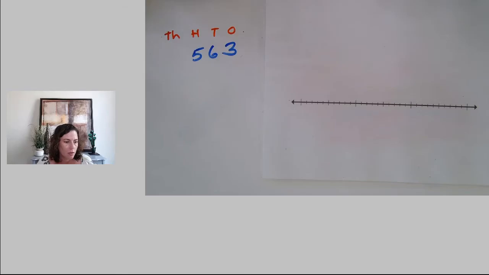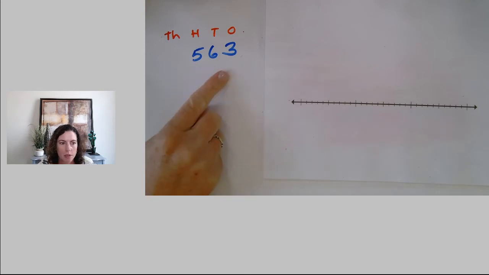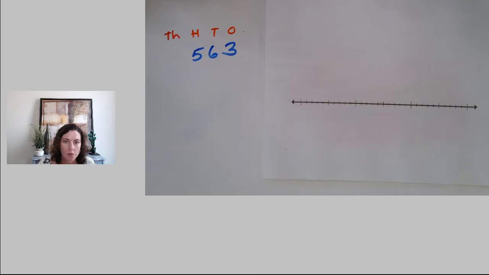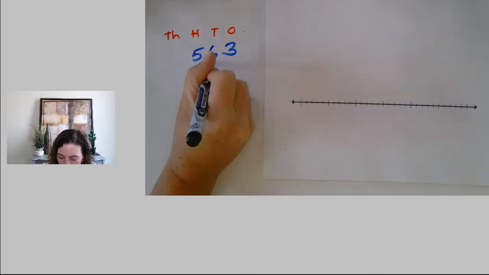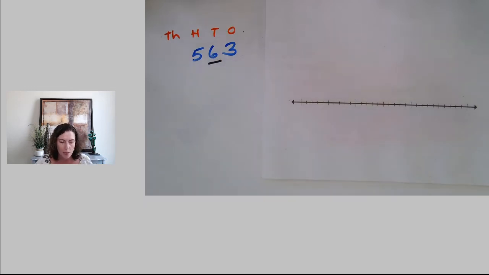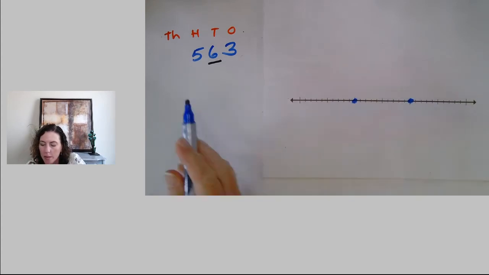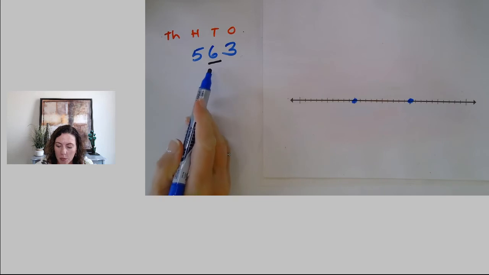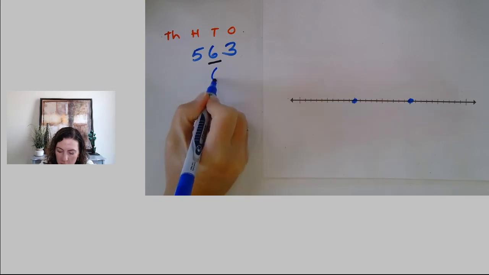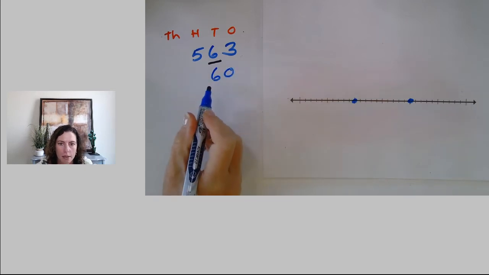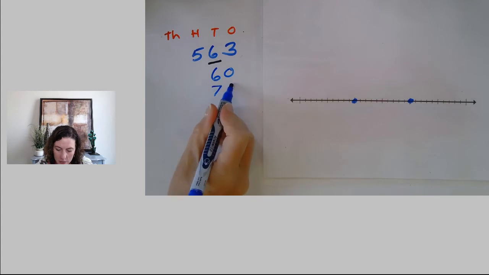So now that we've been doing those big numbers, let's try a smaller number. We're rounding to the nearest 10. So I have the number 563. What do I do first? I underline the place value, which is the tens place. Okay. Now we're going to do our beginning point and our ending points again. Same thing. 563, we would start at 6 or 60, and the next 10 is 70.